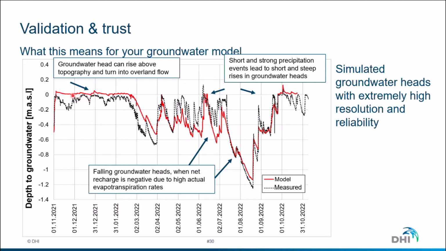So in our model, including the 2D overland flow, the groundwater head can actually also rise above ground, like it was measured here from time to time. And we really nearly perfectly represent the drawdown in the groundwater. Also the rise, again, for short-term precipitation events, nearly matches perfectly. And also a strong drawdown during the very hot summer here in 2022 is completely reflected.